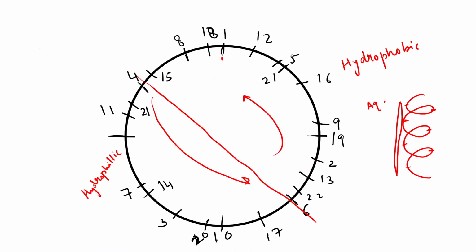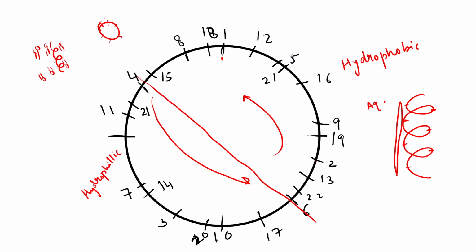If I have a membrane protein, this is a membrane with the lipid polar head group and lipid bilayer, and I have an alpha helix spanning the membrane. Will all these residues be of the same family, or will there be a division in the helical wheel like this? Same family, non-polar. Yes. So in that case, the helical wheel that forms with different amino acid residues will be of the same family.